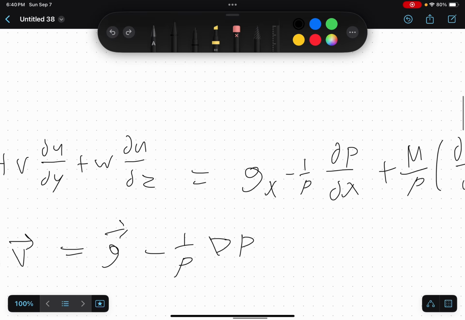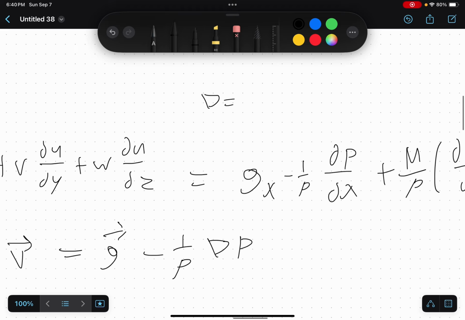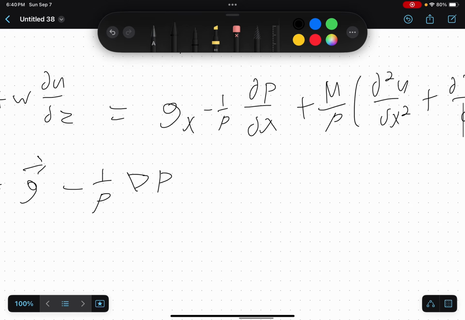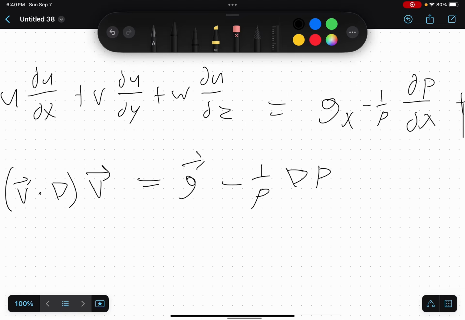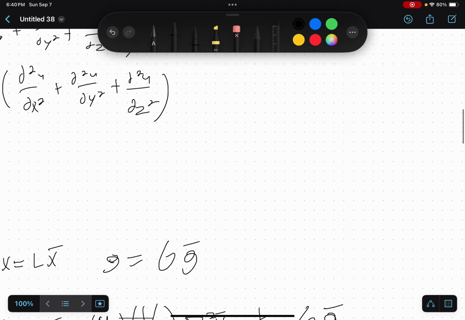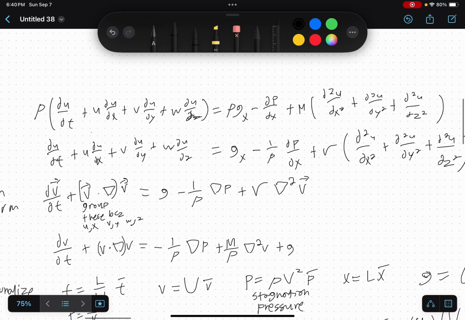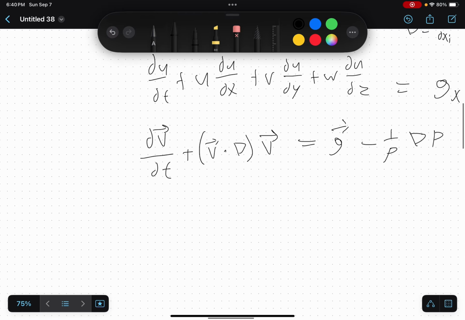So grad equals d dxi. So here x1 is x, x2 is y, and x3 is z. So there you go. Cool. Last component. Yeah, that makes sense. Okay.